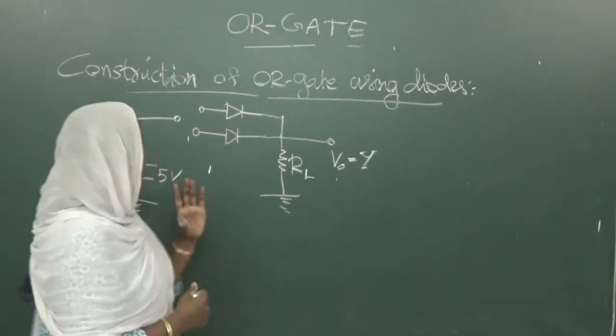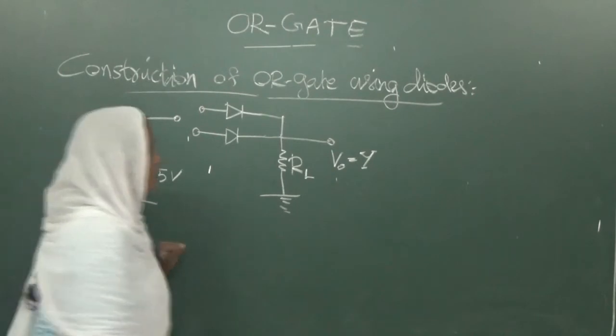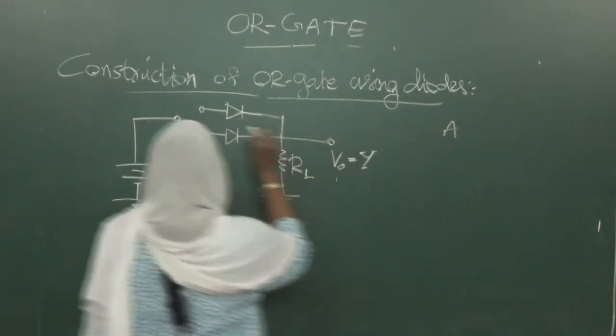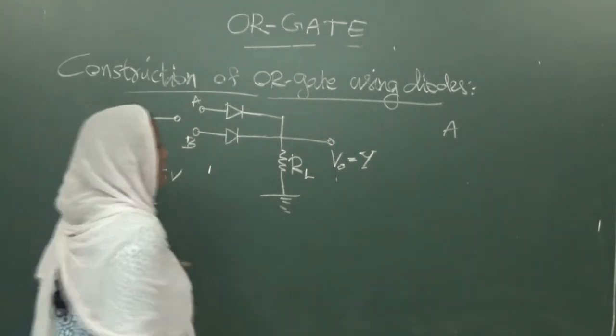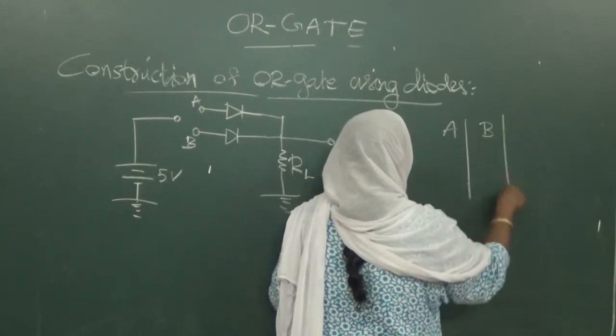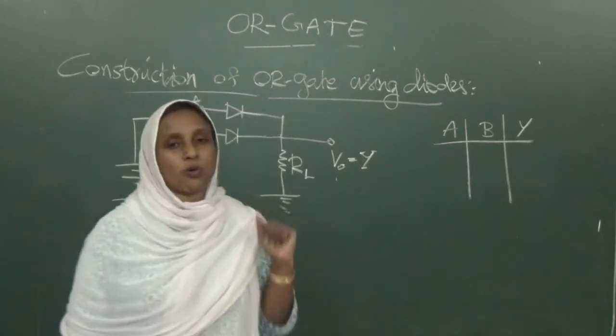Now we can check the truth table. So I am drawing here the truth table. This is input A, and this is B, and Y. This is a 2-input OR gate, right?